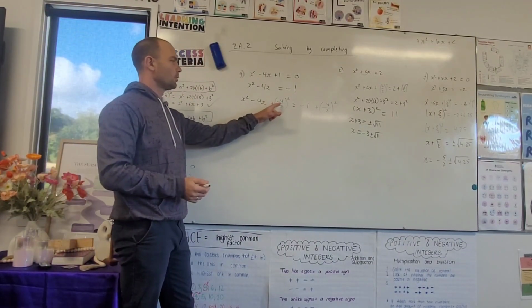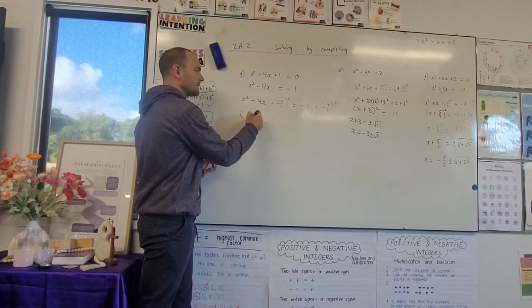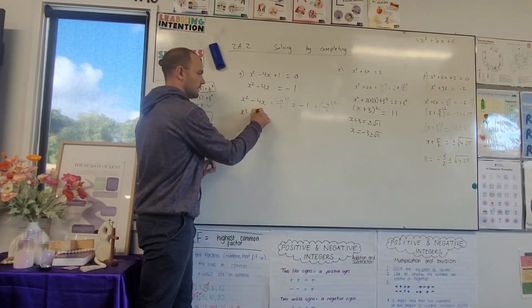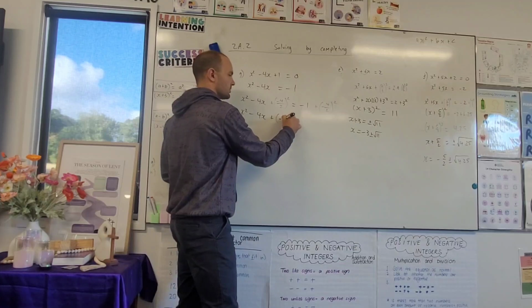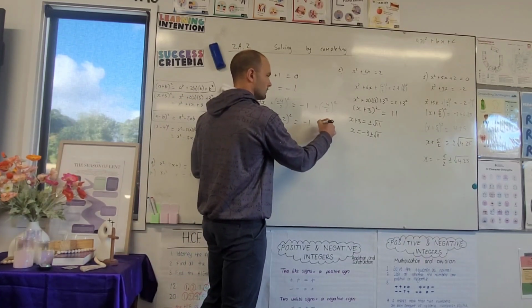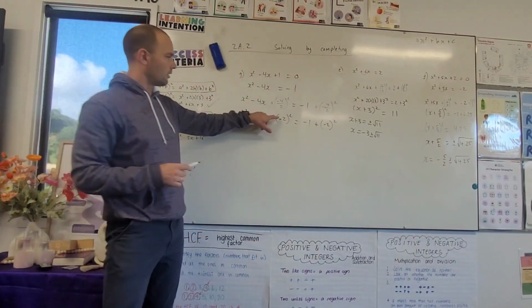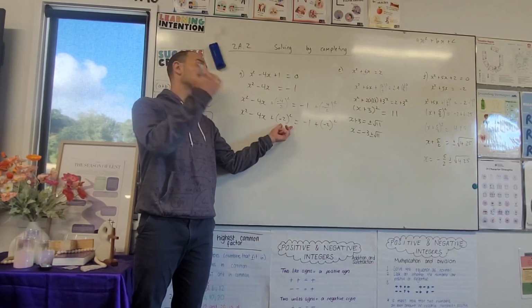Now, negative 4 divided by 2, let me write it out like this first. It'll be minus 2 squared. There we go. It's minus 2 squared, which when you do minus 2 times minus 2, that will become positive 4.